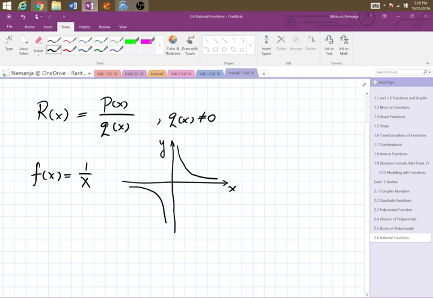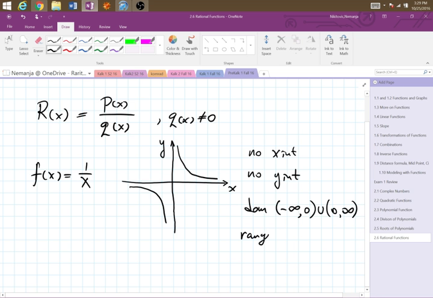You can immediately see that there is no x-intercept, no y-intercept, because the graph never cuts through either of the two axes. We can see that the domain is negative infinity to 0, united with 0 to infinity, and the range negative infinity to 0, united 0 to infinity.